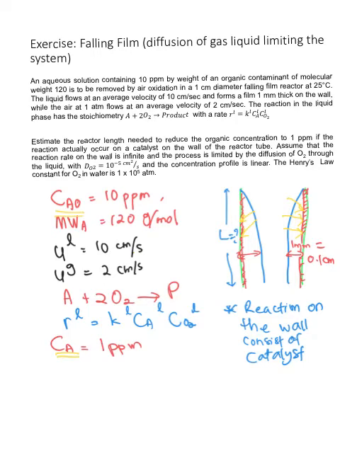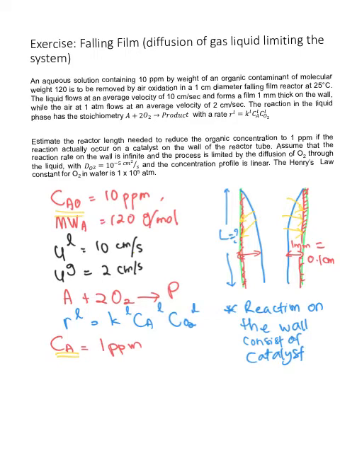Now, the diffusivity of oxygen in liquid phase is given as 10⁻⁵ cm² per second, and the concentration profile is linear.